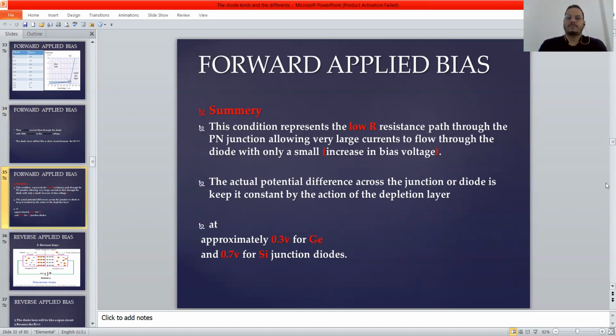Summary: this condition presents a low resistance path through the p-n junction, allowing a very large current to flow through the diode with only a small increase in the bias. The actual potential difference across the junction or diode is kept constant by the action of the depletion layer at approximately 0.3 for germanium, 0.7 for silicon.